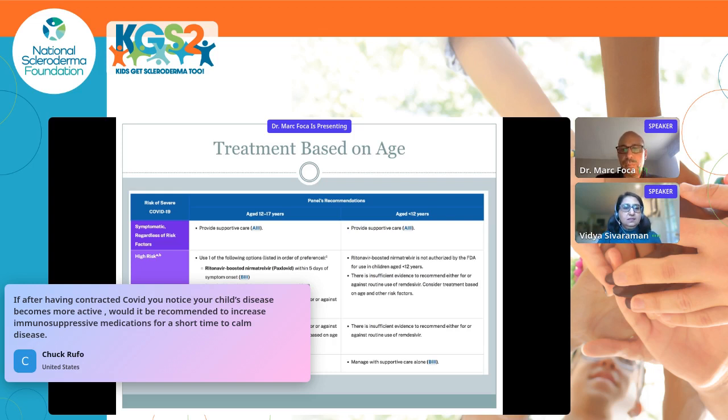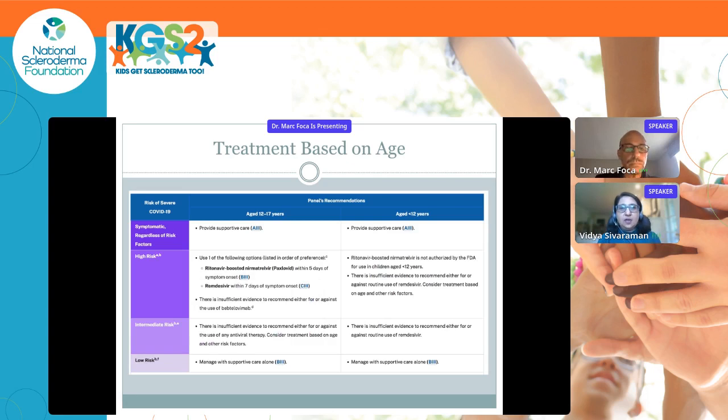It may be appropriate to increase your immunosuppression for a short time, but if it's earlier in the COVID disease course, it might not be. So I think that's a sort of three-way conversation that has to be had. And I can say from the rheumatology side of things, that's usually what's happening: we're working closely with our infectious disease colleagues to be able to make that decision.